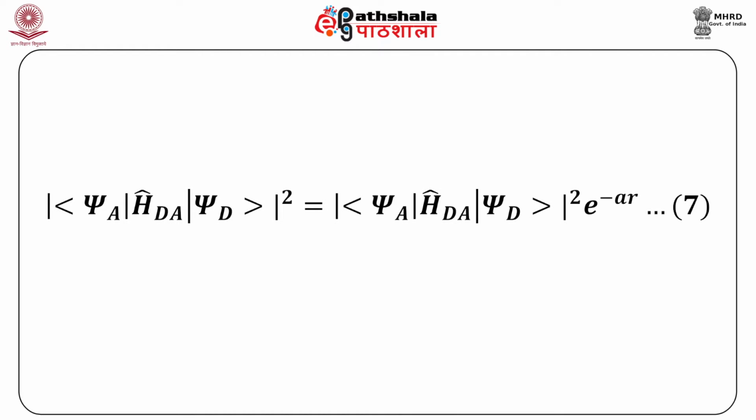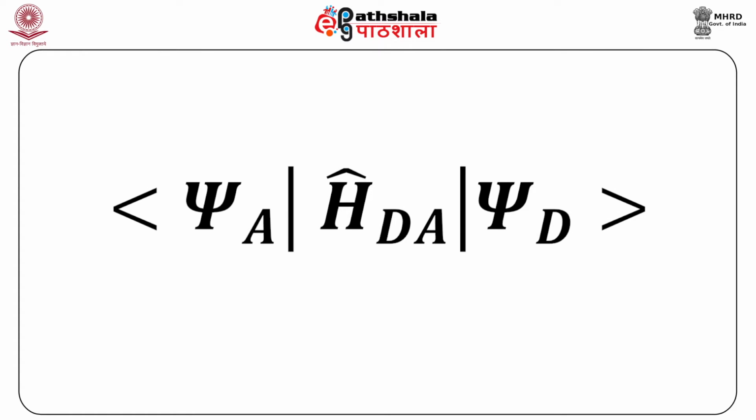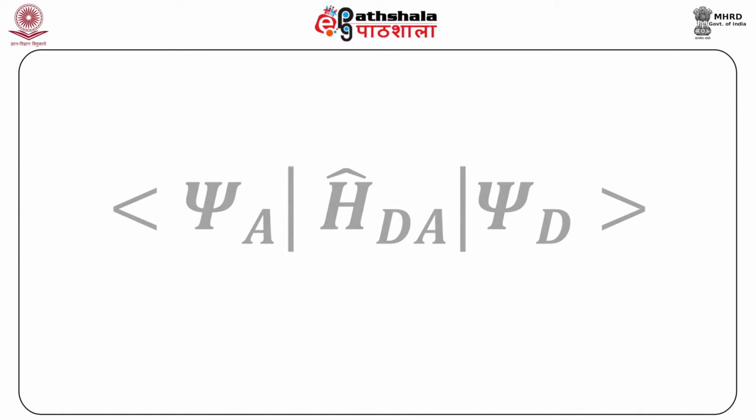In cases where the coupling is weak, it is established by equation 7, where r is the edge-to-edge distance between D and A, and alpha is a parameter that measures the sensitivity of the electronic coupling matrix element to distance, and xi A, Hamiltonian, xi D is the value of the electronic coupling matrix element where D and A are in contact.